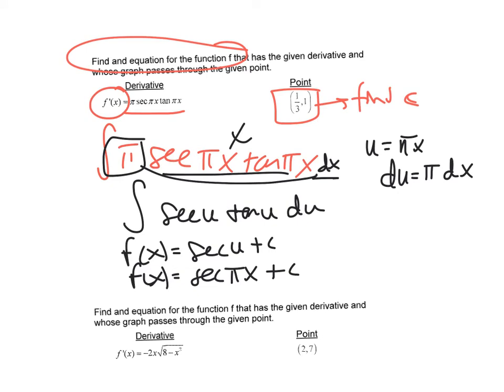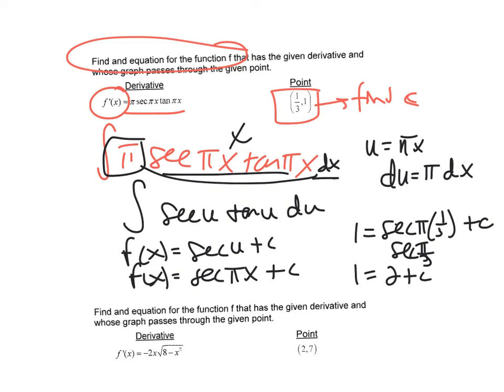Now that point comes into play because I can plug that in for x and y, right? So I know that I have f of x equals 1, secant of pi times 1/3, aka pi over 3, plus c. Okay, and you're solving for c at this point. So secant of pi over 3, think about what that would be on your unit circle, and ends up being, that's right, it's 2.